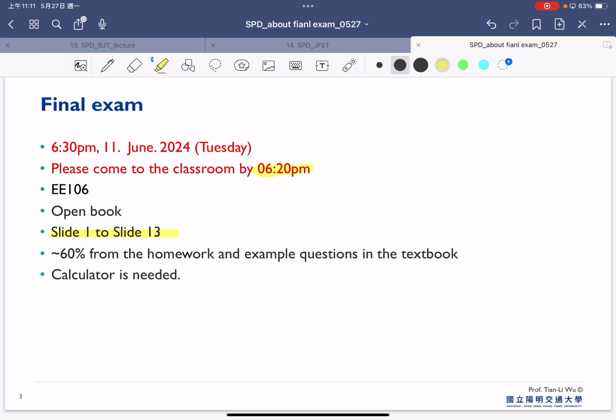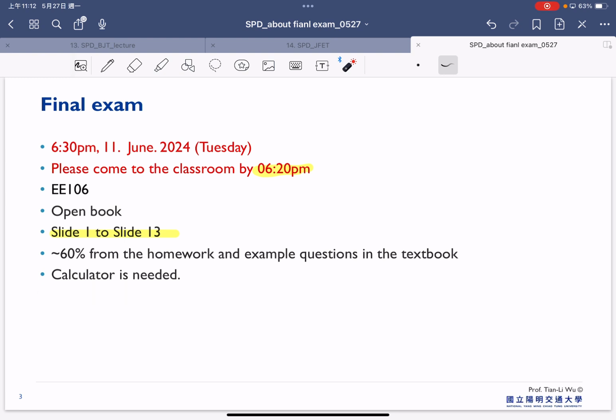After this slide we will briefly talk about the JFET, but we won't include the JFET in the final exam. So it's basically from the beginning until the BJT. And as usual, there will be a certain number of questions from the homework and example questions in the textbook. And at least a calculator is needed.